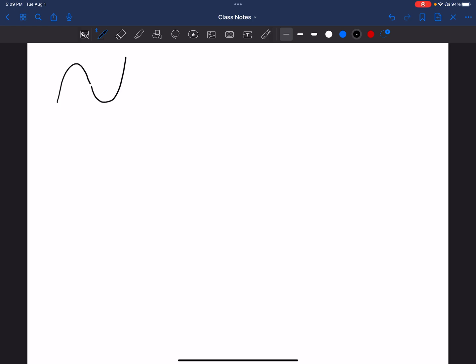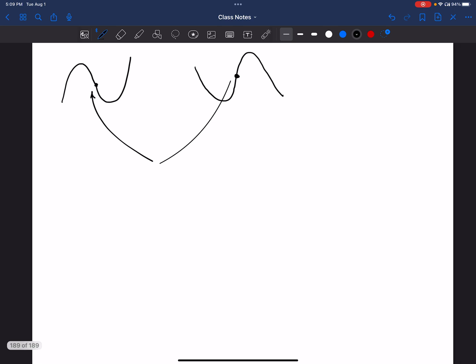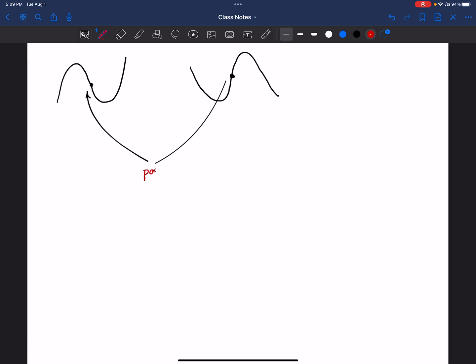So we have an inflection point, and also we can have concaving up and then concaving down. So this is also an inflection point. These points are called points of inflection.